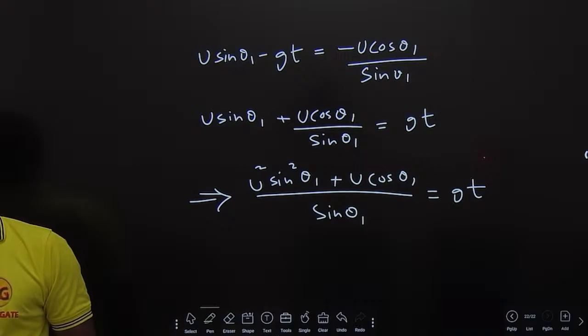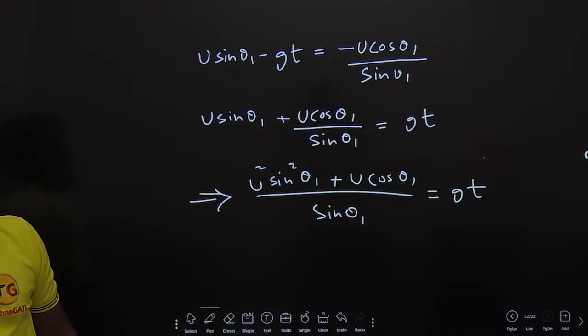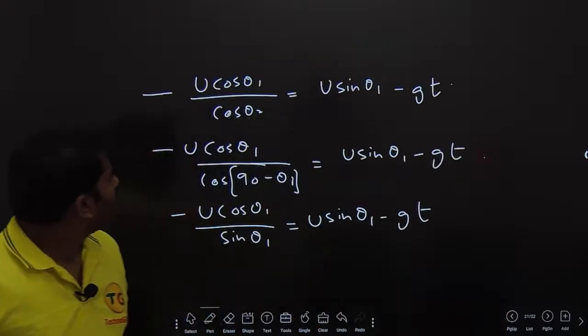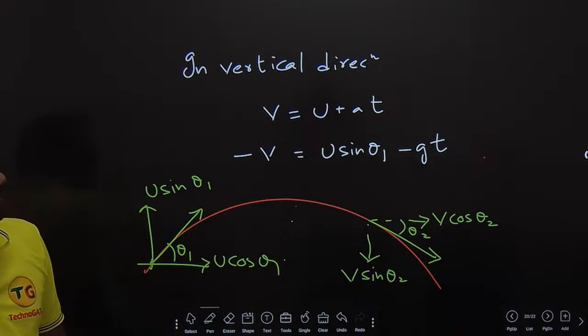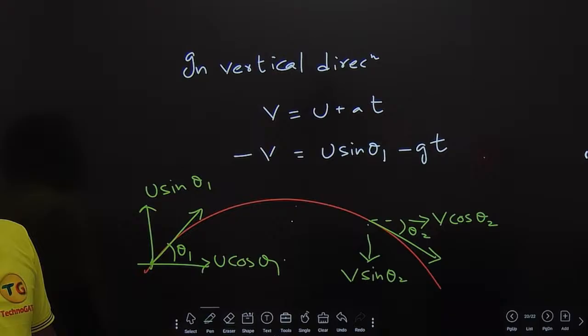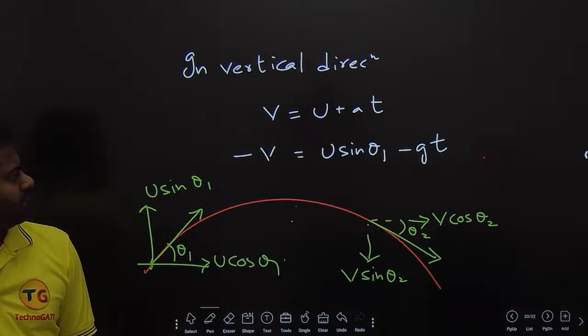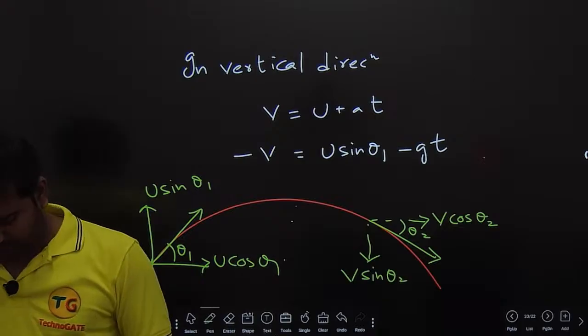U cos square theta plus v y sin theta. The mistake is there in terms of v only. I am taking v is equal to u plus at, and a is downward. U sin theta 1, that is right. Okay. Here is the one.